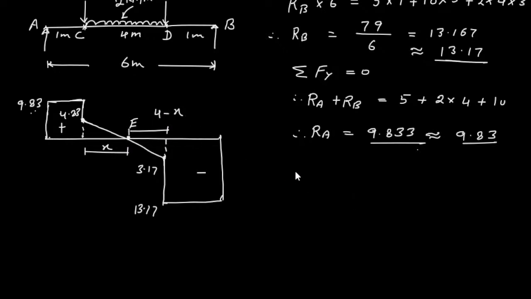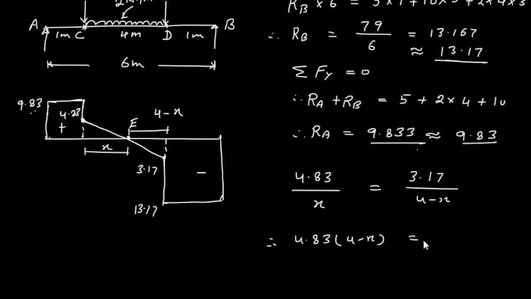Now I use the similarity criteria, and by that I have 4.83 divided by x equal to 3.17 divided by 4 minus x. Now I will cross multiply. So 4.83 times (4 minus x) will be equal to 3.17 times x.